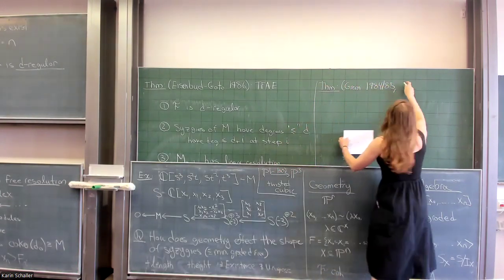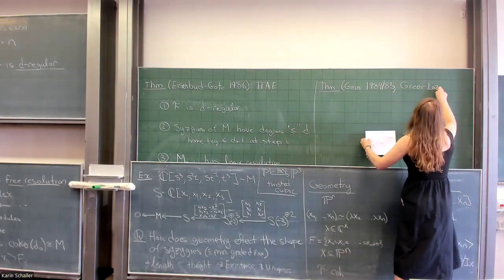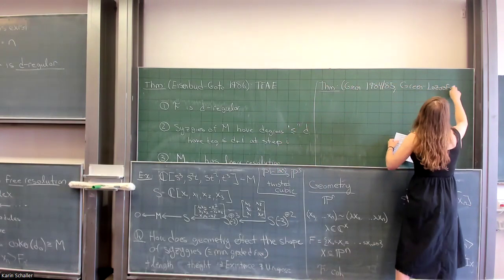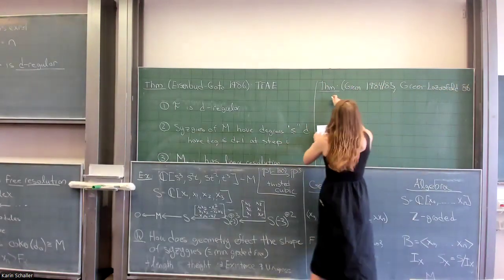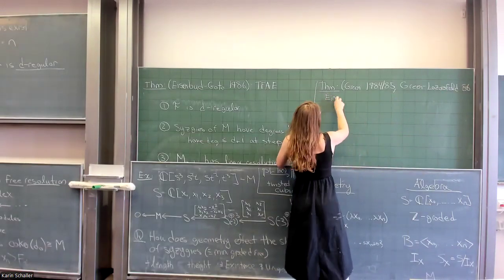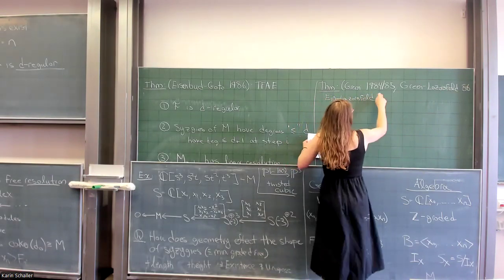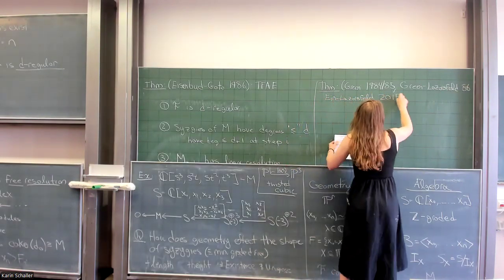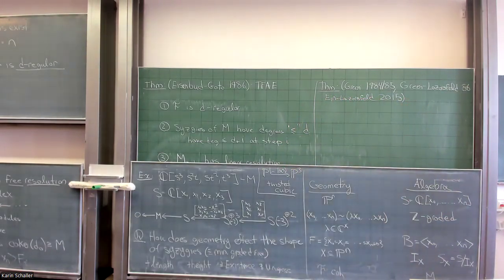It was conjectured officially by Green and Lazarsfeld in '86, and finally proven in this form by Ein and Lazarsfeld in 2015. I don't think this was Rob Lazarsfeld's thesis project, but I think this is something about not getting stuck on your early career projects for too long. Coming back to it 30 years later.